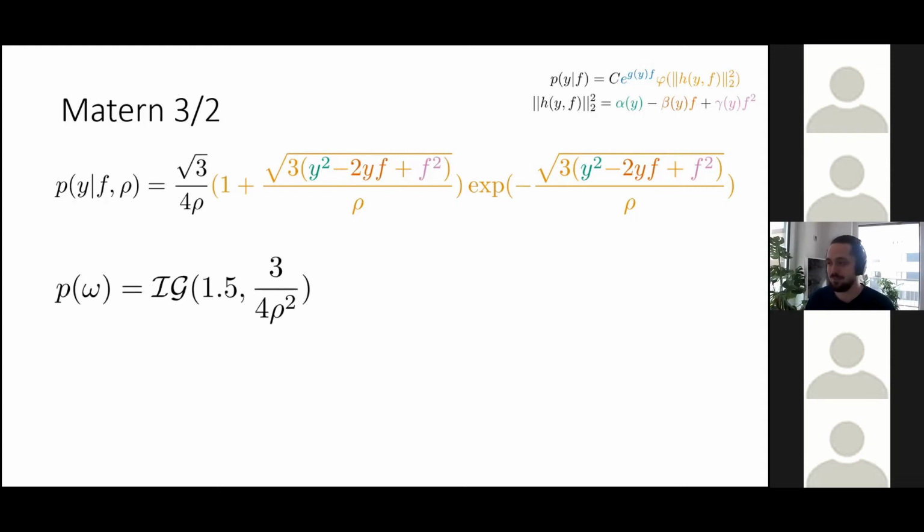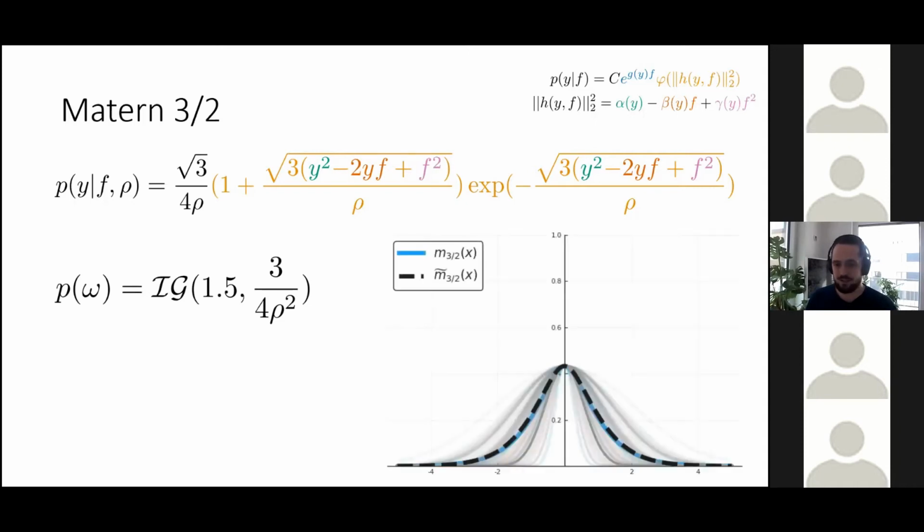And once you pass it to Mathematica, you actually get an exact transformation, which is just this inverse gamma distribution. And again, we can try it. Of course, this is valid for Matérn 5/2, 7/2, whatever. Since it always fulfills the condition of being positive definite radial, this is going to work.